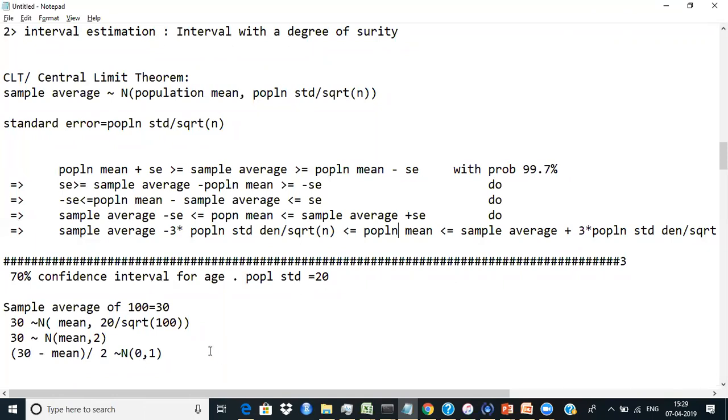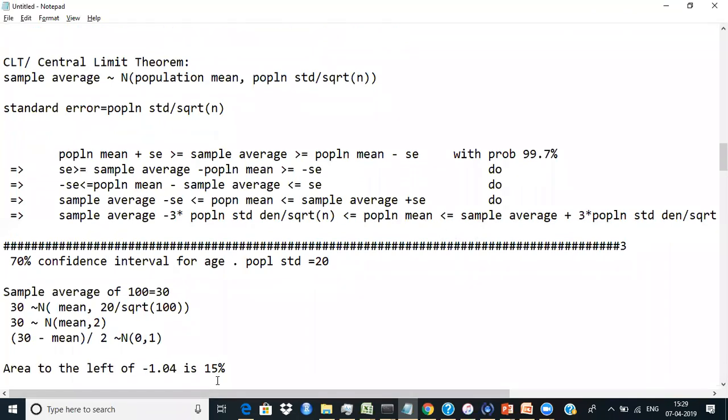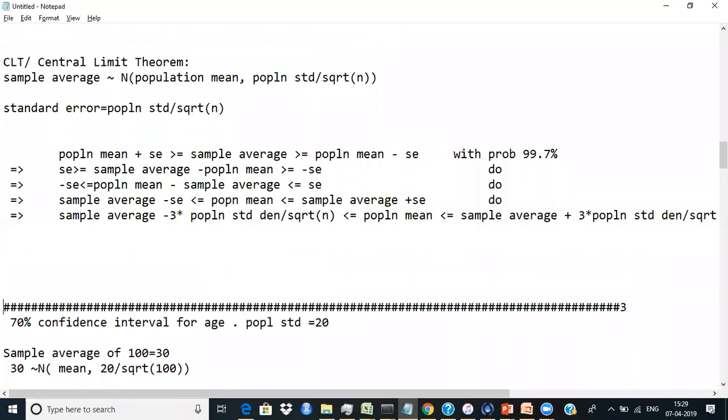So let's do an example. Say I need a 99.7% confidence interval and the interval should not be more than 10. Let's say I have been given the sample average. Let's say the sample average is 10, a hypothetical example.